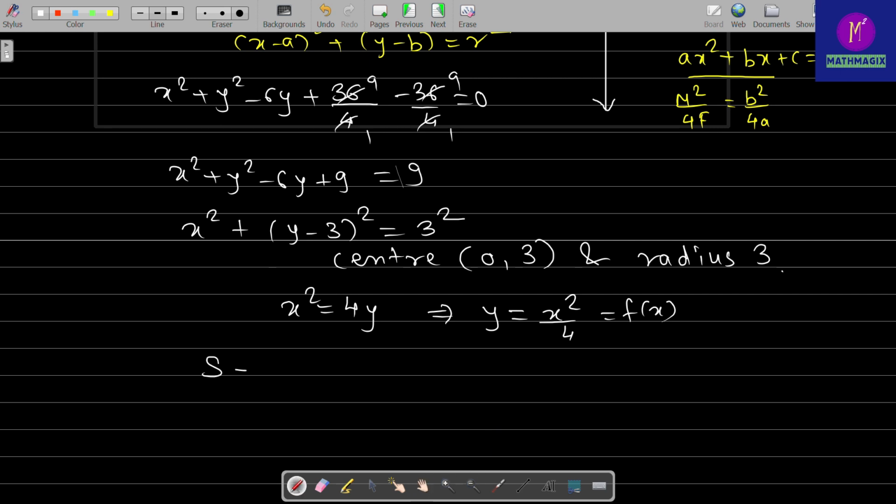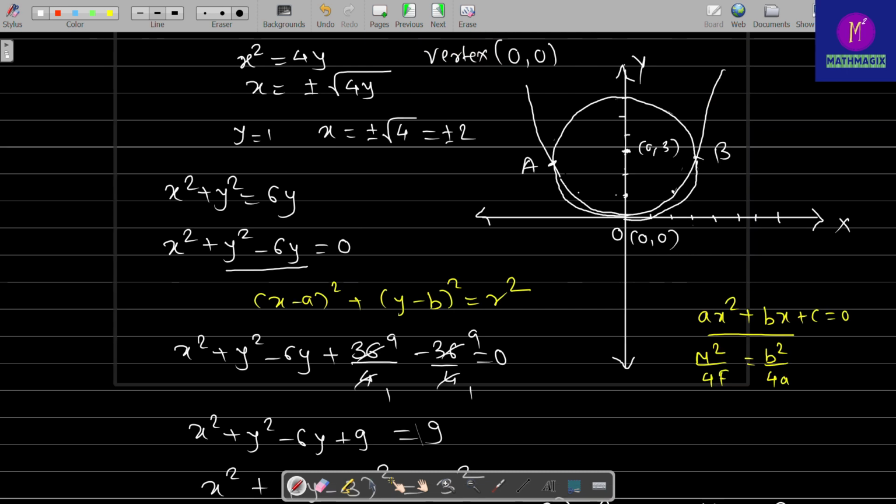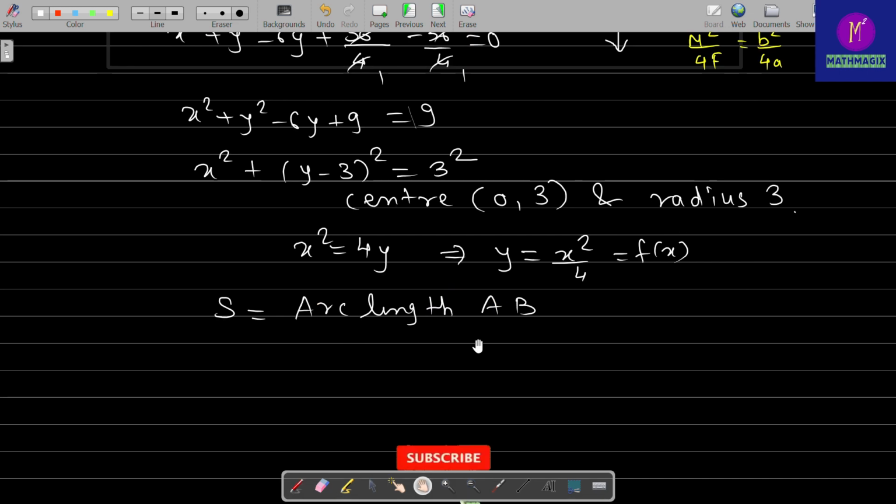So we need S, which is nothing but arc length AB. So clearly you can see that this arc length AB is symmetric along y-axis. So it's absolutely okay if I find out the arc length OB only, and twice of OB is nothing but complete arc length AB. So S is equals to arc length AB, which is same as twice into arc length OB.